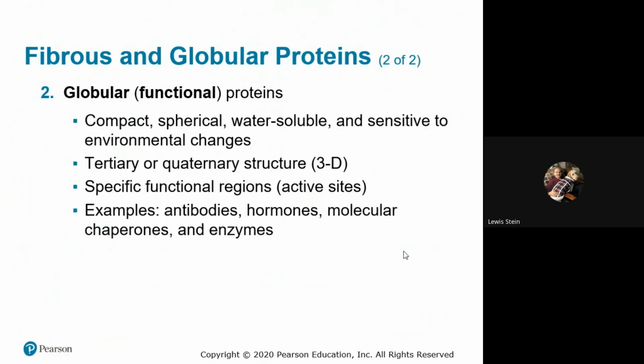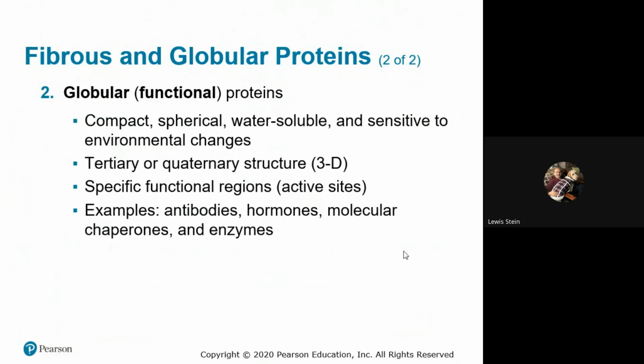They lose their secondary structure. What's left, with heat, changes in temperature or pH, all that's left is the primary structure. Call that process denaturation. They lose their nature, they lose their shape.